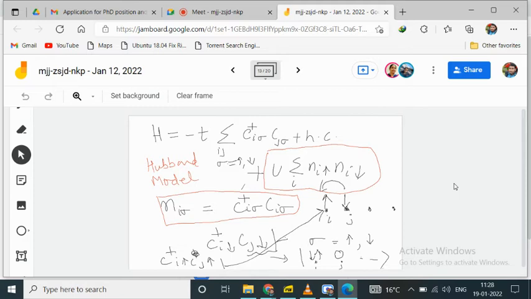Any guess? It's very simple. We already talked about it partially in the last class. What is the ground state of a non-interacting Fermi system?